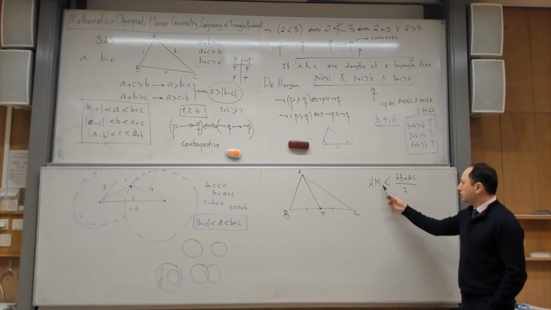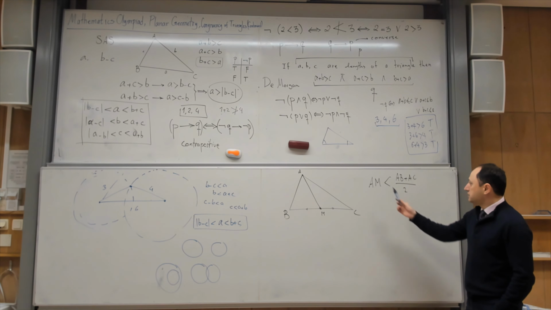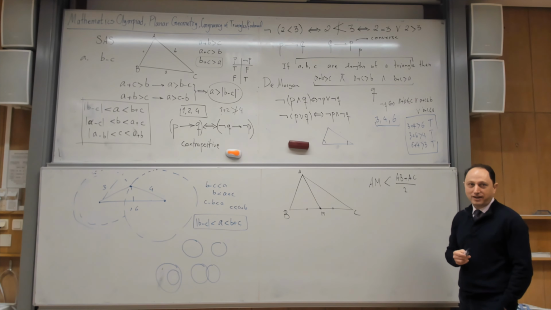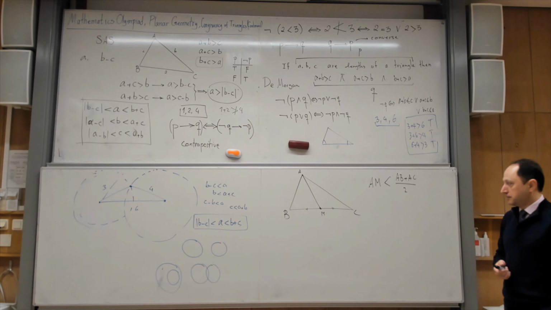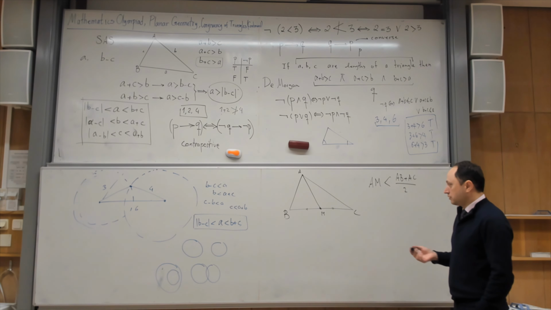You know what I'm supposed to prove, and if you multiply this in your head by 2, you see that on the left-hand side you have 2 times AM. And then you have 2 triangles crying out, use me. So how can I use them? What should I do, for example?